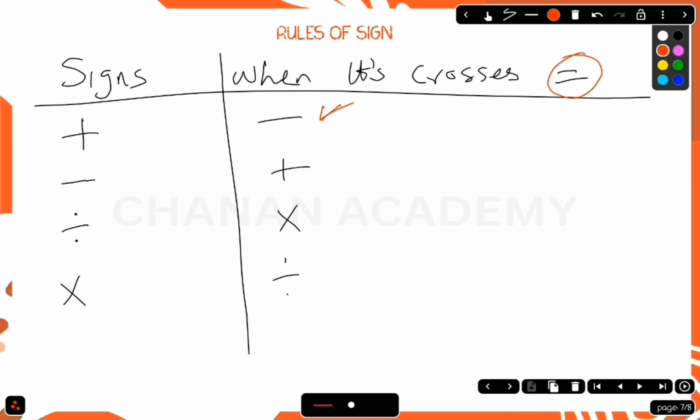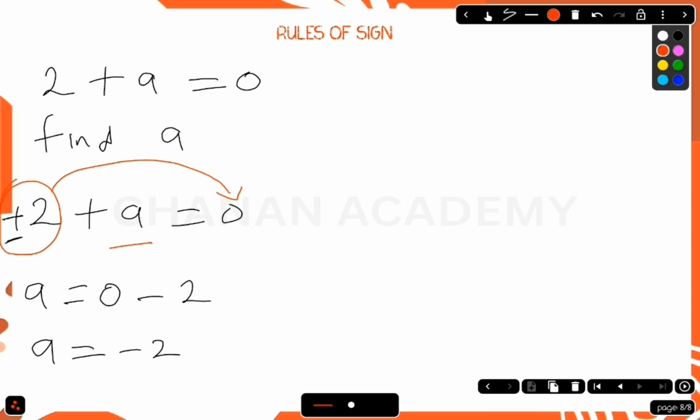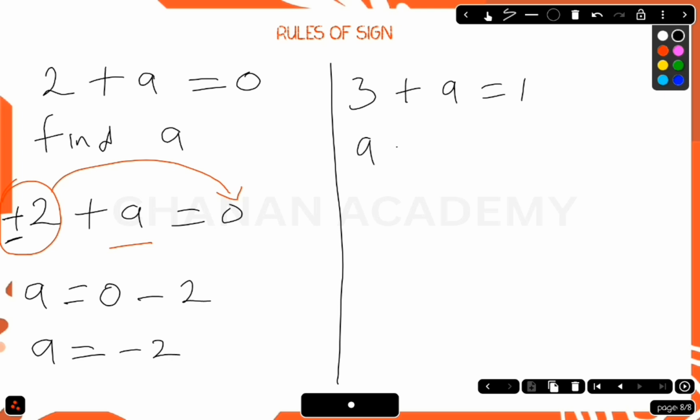Let's take another example to explain much better. Let's say we have 3 plus a equal to 1. So we do the same thing. a will be equal to, moving the addition to this side, the sign will change, becomes 1 minus 3.